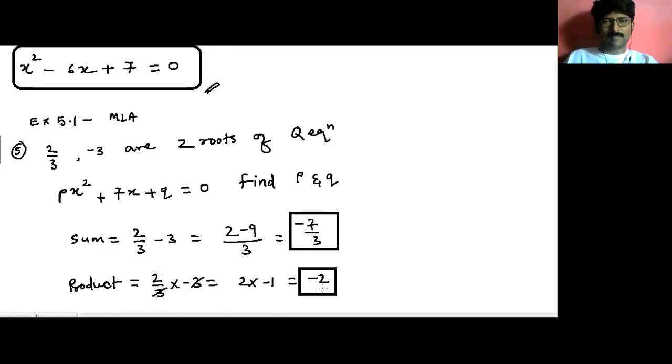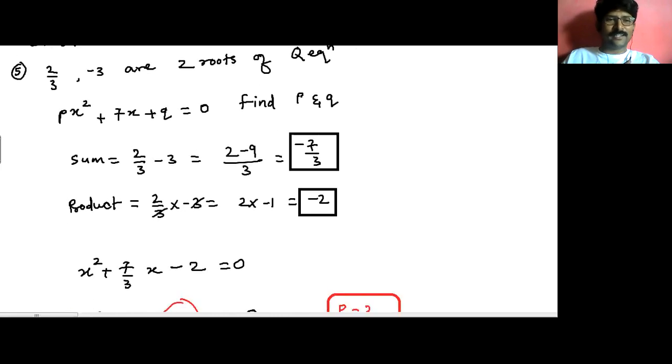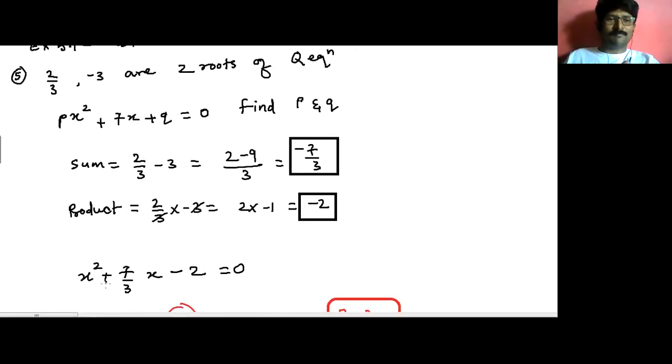Once you get the sum of the roots and the product of the roots, we'll have to use the formula. And what is the formula, students? The formula is x square minus (sum of the roots). The sum of the roots is minus 7 upon 3. So minus into minus will become plus 7 upon 3 into x, and plus the product of the roots. The product of the roots is minus 2, which equals 0.